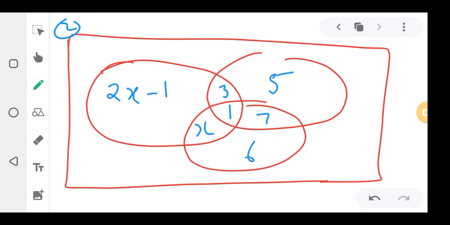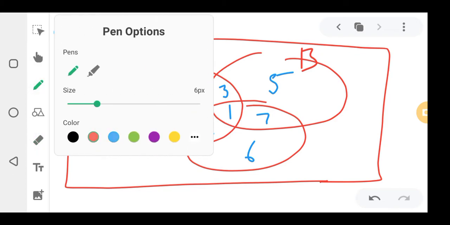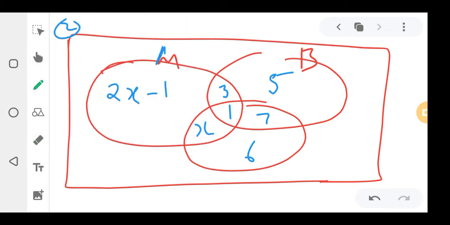Same thing. They can say this is mathematics. This is biology. Use another different color so that you understand. Just understand the principles. So this is mathematics, this is biology, and this is science.